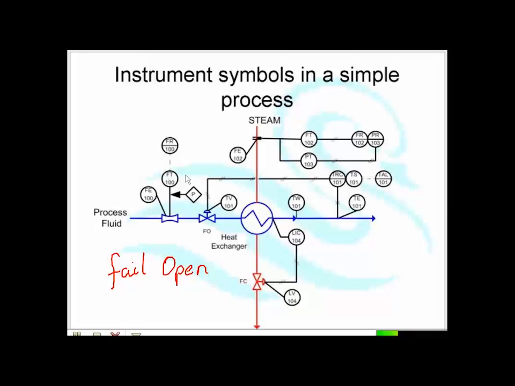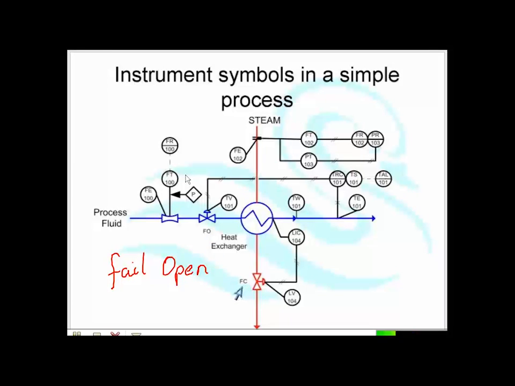If the little nylon pipe that's carrying the air, this thing here, this is a nylon air pipe, in the event of a fire, that will melt. In the event of a fire, I want this valve to fail open.